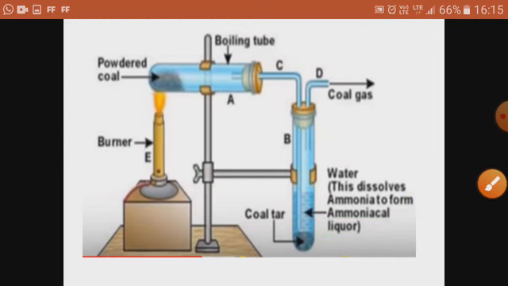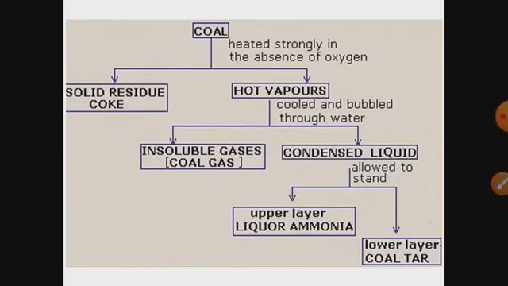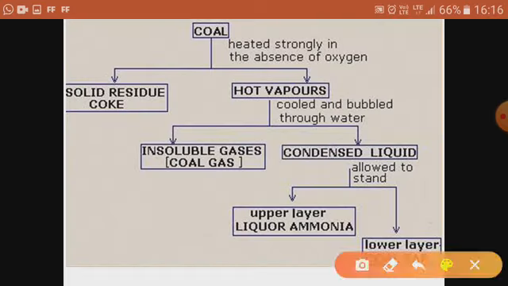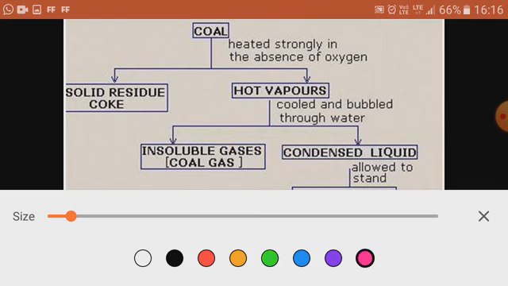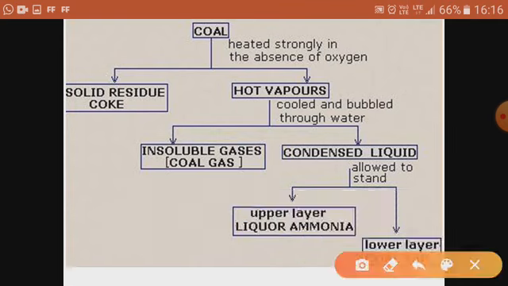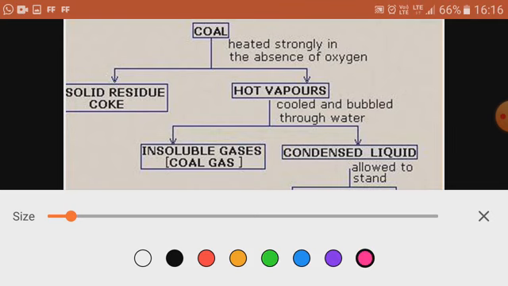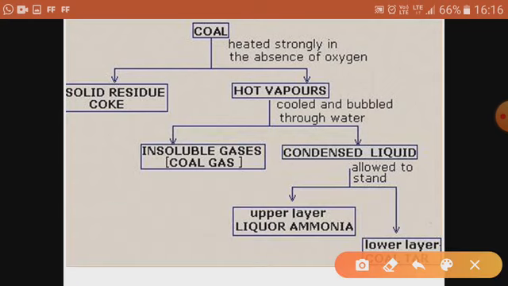Now we have all the different products and we can separate them out because each product has its individual function. See, this flow chart is a very important slide to understand the usage of different parts of coal. You can see coal is heated strongly in the absence of oxygen.